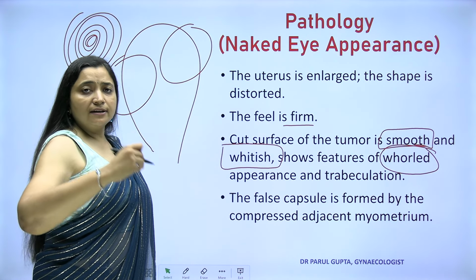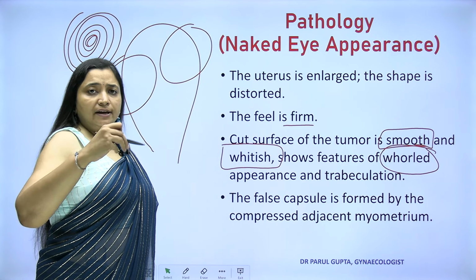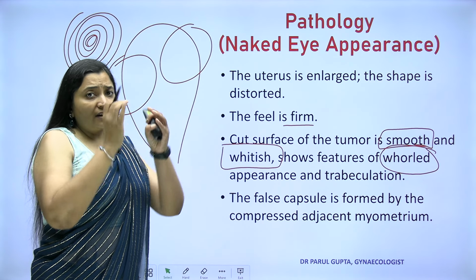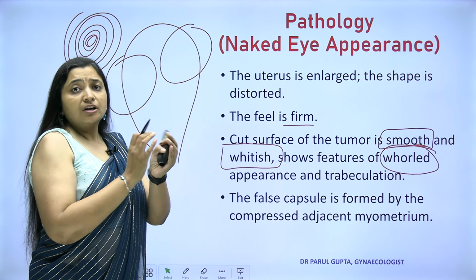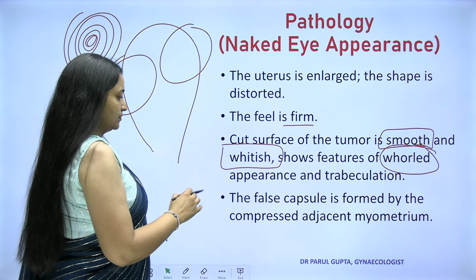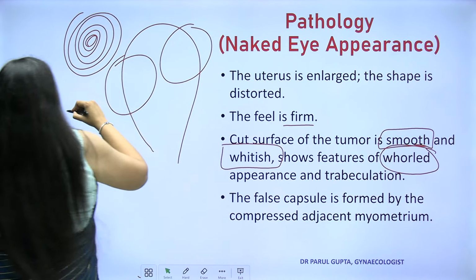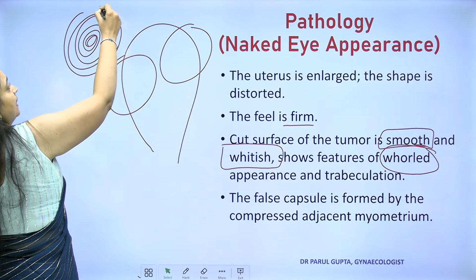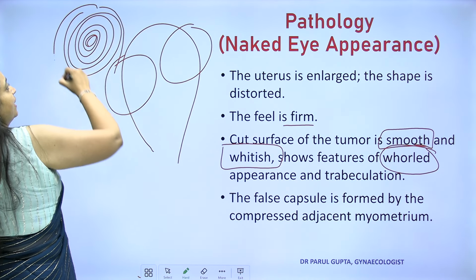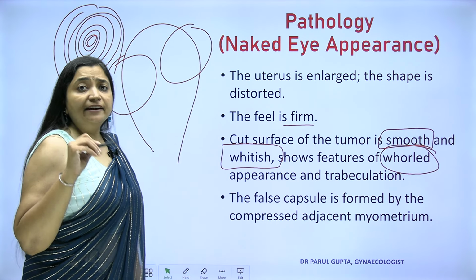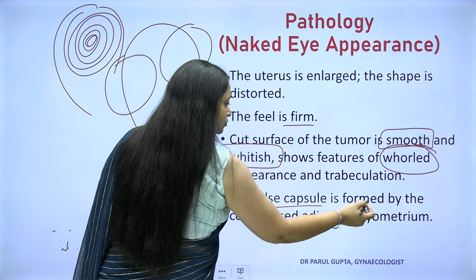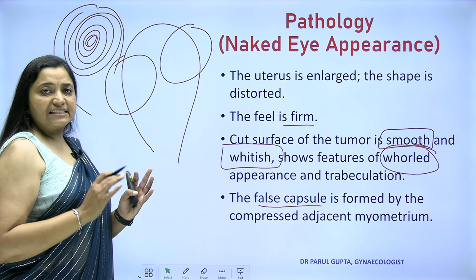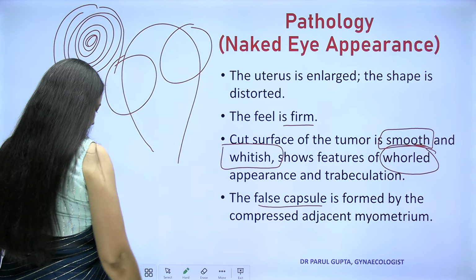So the myocyte, the monoclonal thing: one layer, second layer, third layer. So it is a round, closely woven whorled structure, smooth, whitish. And because it grows like this, it compresses the normal myometrium in the periphery and forms a false capsule. The false capsule is formed by the compressed adjacent myometrium.